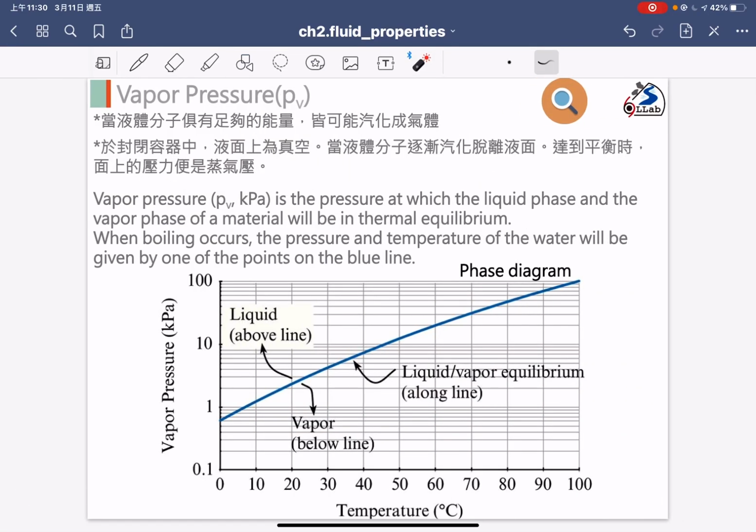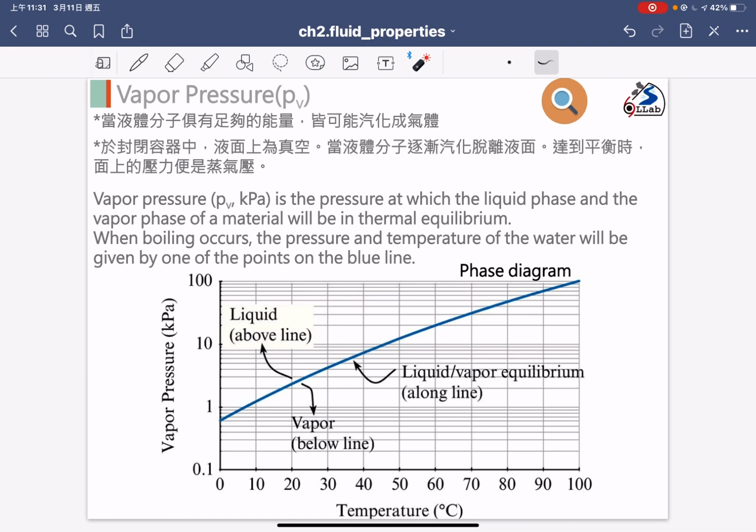Okay, so let's move to the next property, the vapor pressure. Also very common in our life. As in the diagram, we call this the phase diagram. You see the blue line is the interface between the liquid and the vapor.